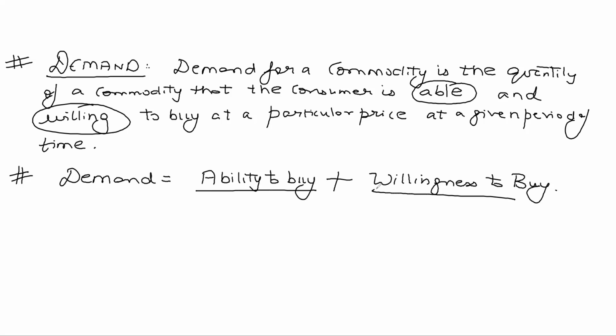I am willing to buy it. Suppose you have the ability to buy a commodity, but you don't want to buy it, then that is not demand. Similarly, you want to buy a commodity, but you don't have the ability to buy it, that is again not demand. When I talk about demand, I should have the affordability to buy the commodity. I should also be willing to buy that commodity.